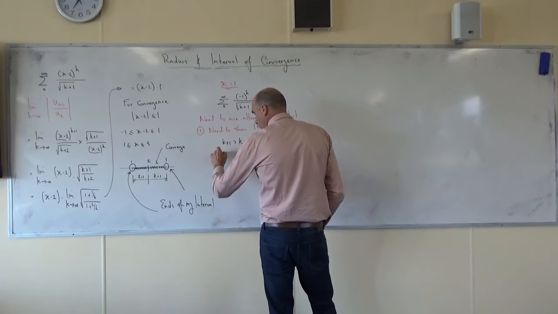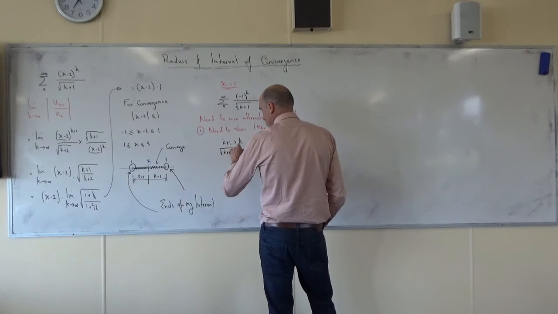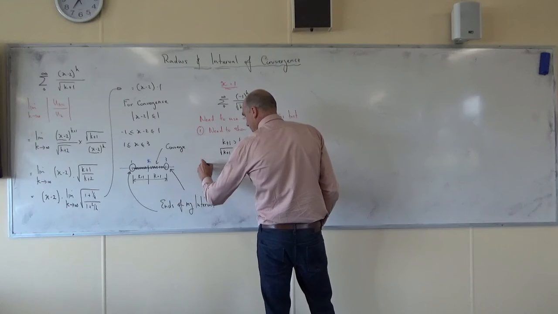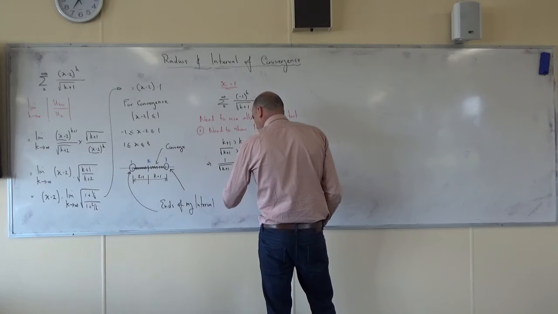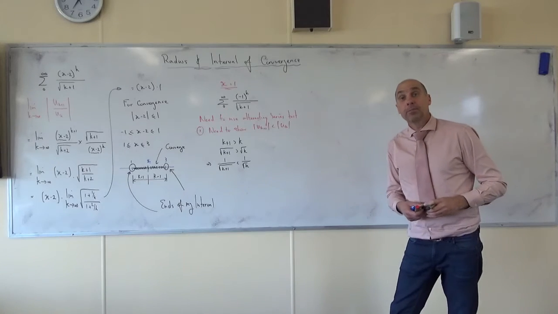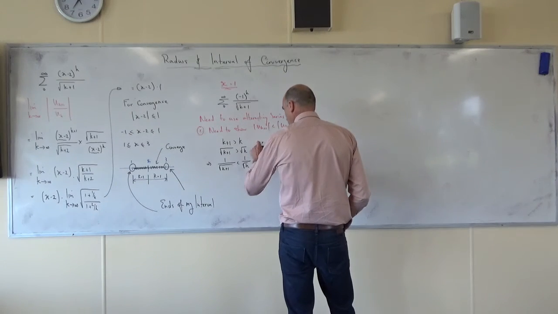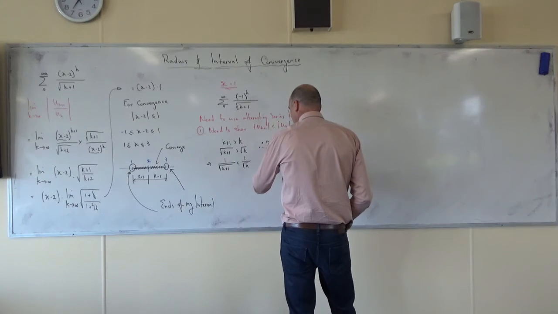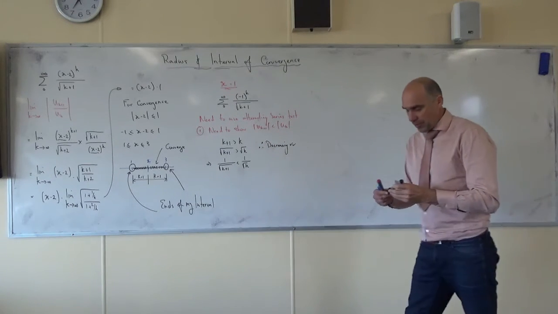The square root of k plus 1 is greater than the square root of k. And this implies that, of course, 1 on the square root of k plus 1 is less than 1 on the square root of k. Therefore, it's decreasing for all values of k. So, therefore, decreasing. And I'll just put a little tick there just to say the first condition is satisfied.